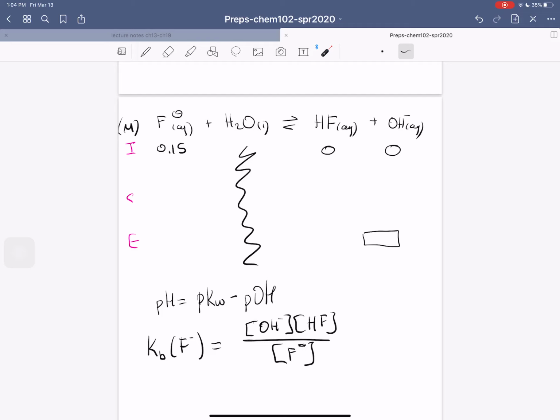So let's first of all set up the ICE table. The ICE table will look like this. Again, I will not do a step-by-step solution because we already did ICE tables many times.